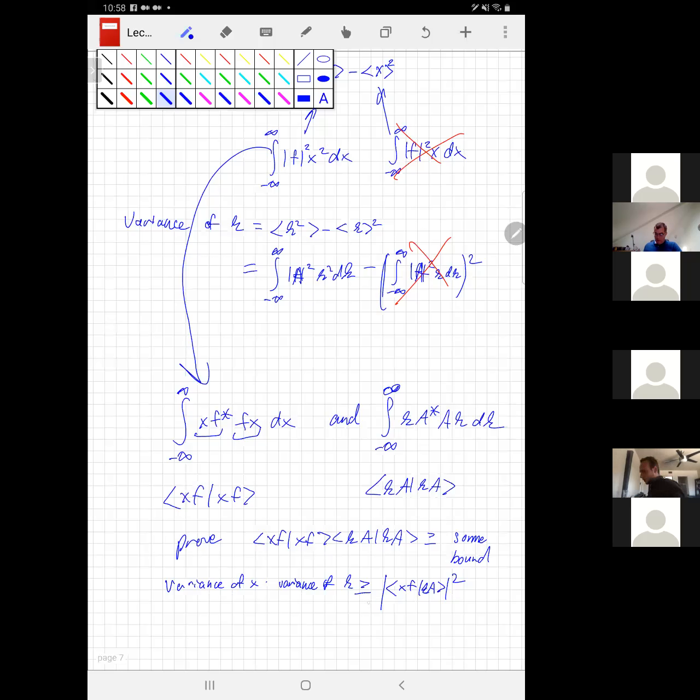All right. Well, we can also conclude that this whole thing here must be equal to the real part of the inner product of xf with ka, squared, plus the imaginary part of the inner product of xf with ka, squared, because the inner product of xf with ka could be complex.